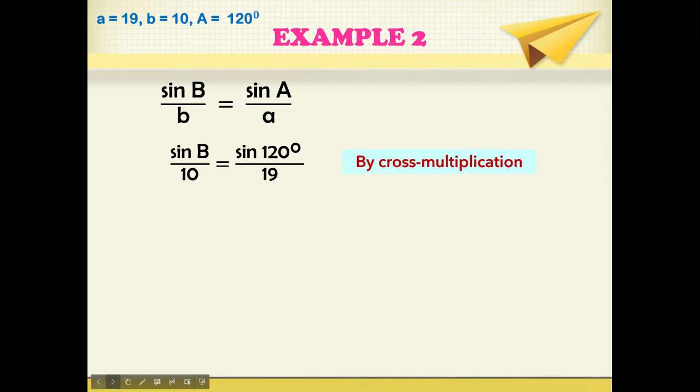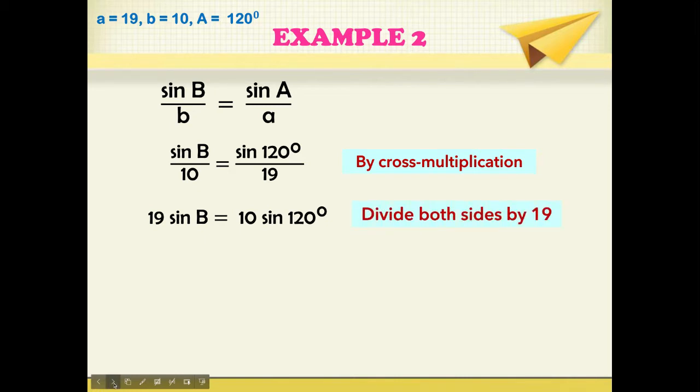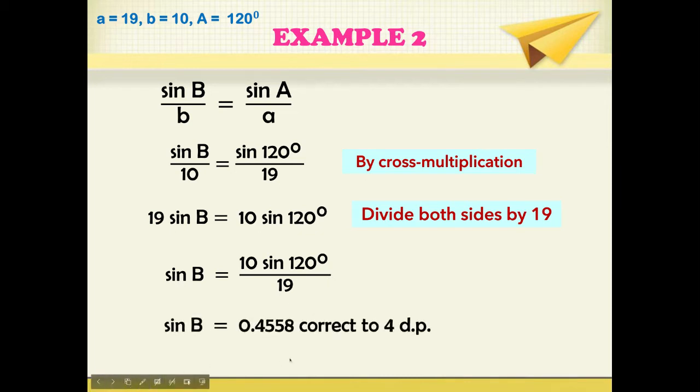By cross multiplication, we'll get 19 sine B is equal to 10 sine 120 degrees. And then dividing both sides by 19 will give us sine B equals 10 sine 120 degrees over 19. So therefore, sine B is equal to 0.4558, correct to 4 decimal places.